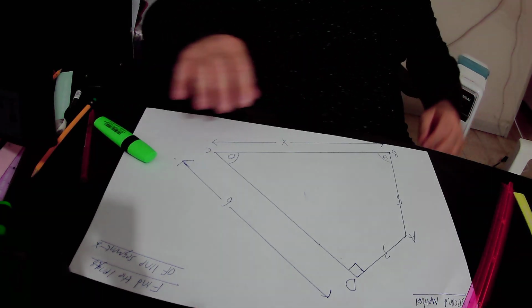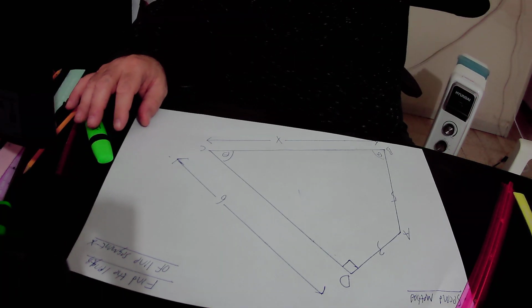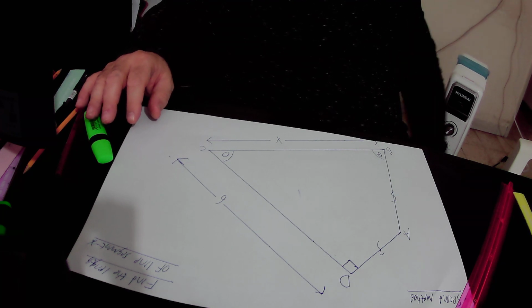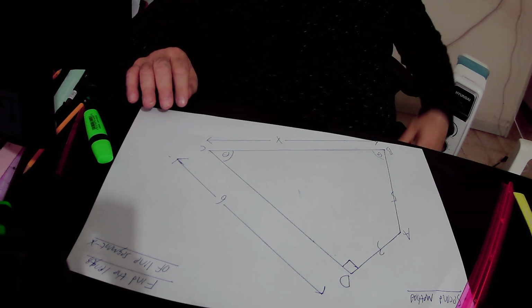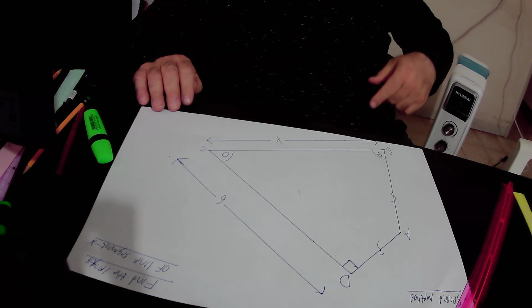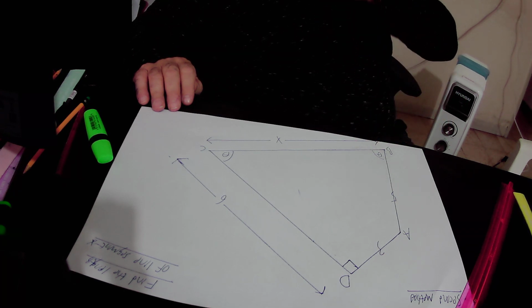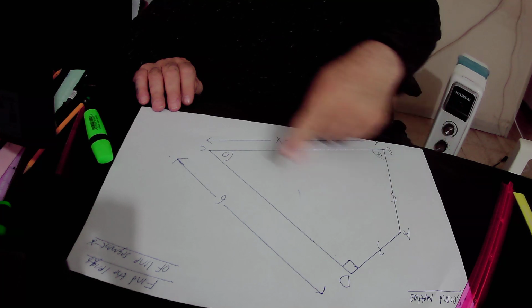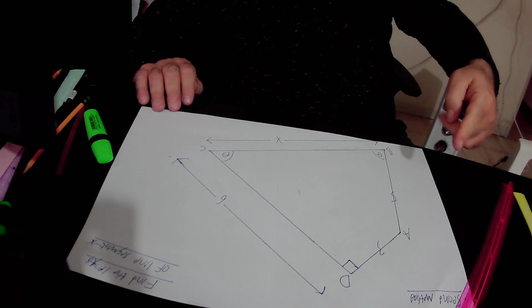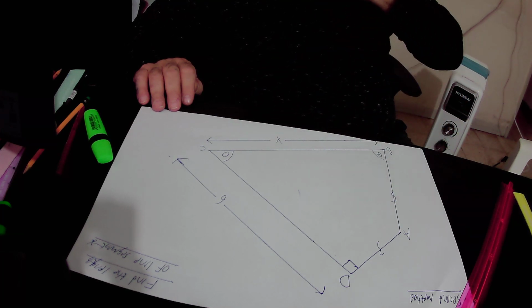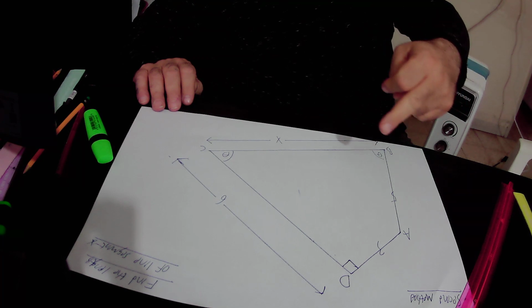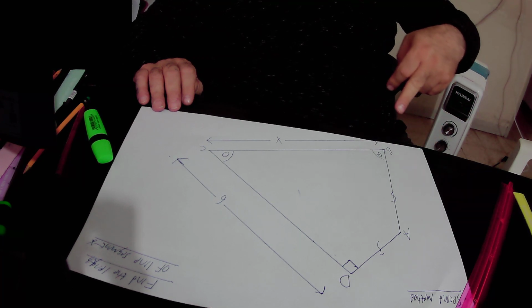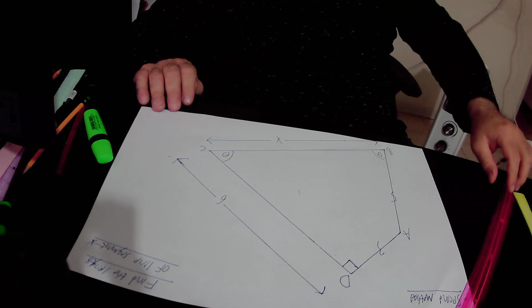In the second method, we'll make another construction from point A. We'll draw a straight line on DC in such a way that the straight line will be parallel to BC.